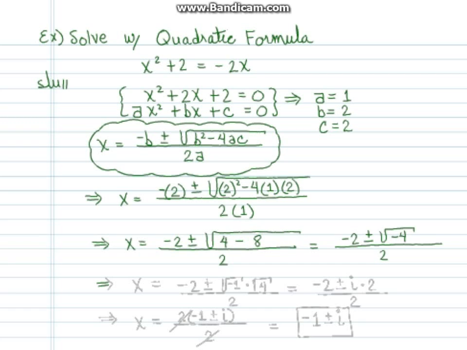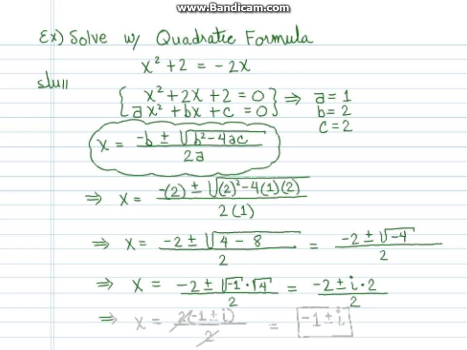Now let's continue because we can evaluate the square root of negative 4. x is equal to negative 2 plus or minus, well, you factor out the square root of negative 1 times the square root of 4, all over 2. That's equal to negative 2 plus or minus i times 2, over 2.